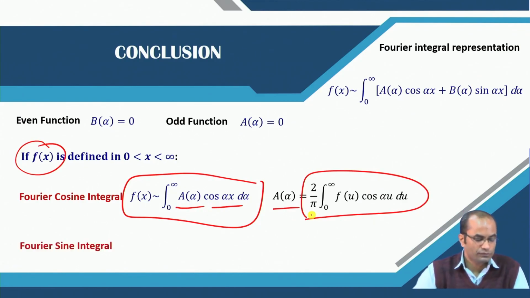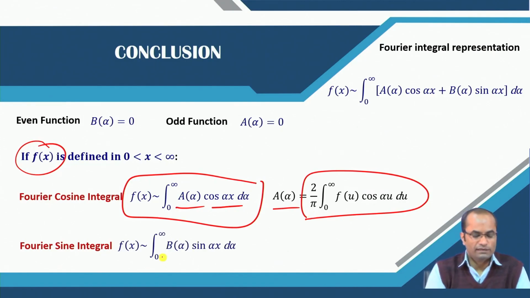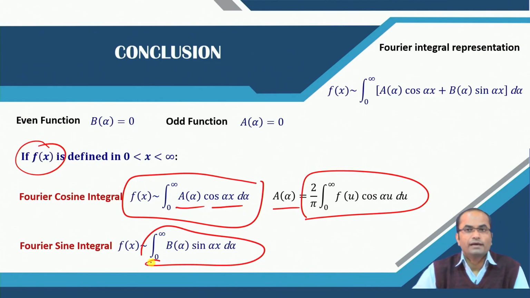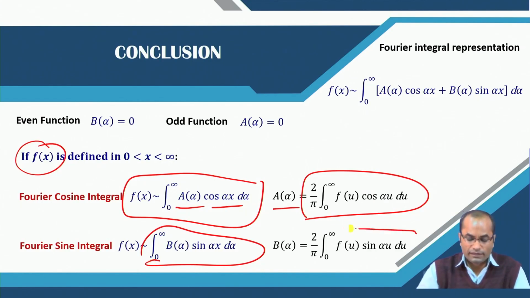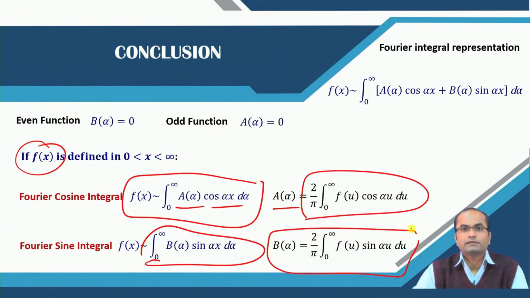And if you want the Fourier sine integral representation, we have b(alpha) sin alpha x, and b(alpha) can be computed with this simple integral: 2 over pi, integral 0 to infinity, f(u) sin alpha u du.